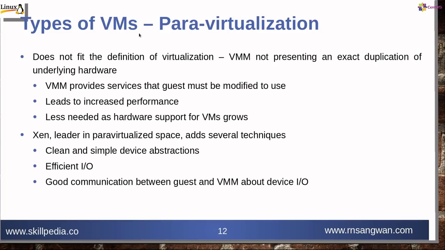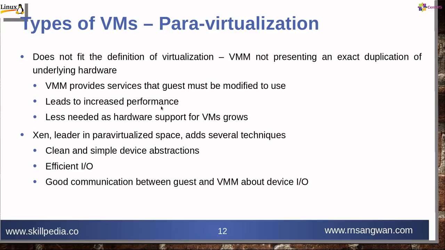Types of virtual machine managers: para-virtualization is another use case. It does not fit into the definition of virtualization, to be precise, because the virtual machine manager does not present an exact duplication of the underlying hardware. The VMM provides services that the guest must be modified to use.